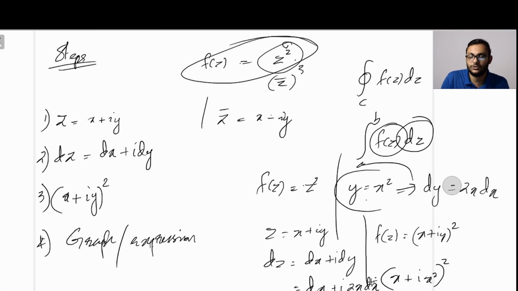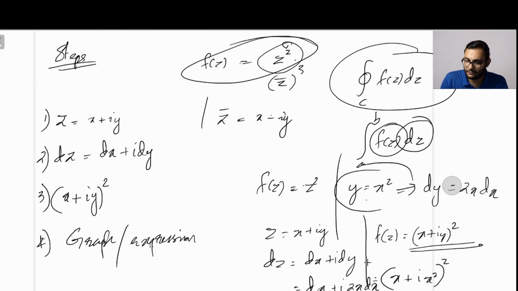Now, we can substitute all these into our integral. If the curve or the contour is given, we can easily substitute these two values, f of z as well as dz, and convert the entire integral into a single function, and hence we can evaluate the particular integral of the given function.